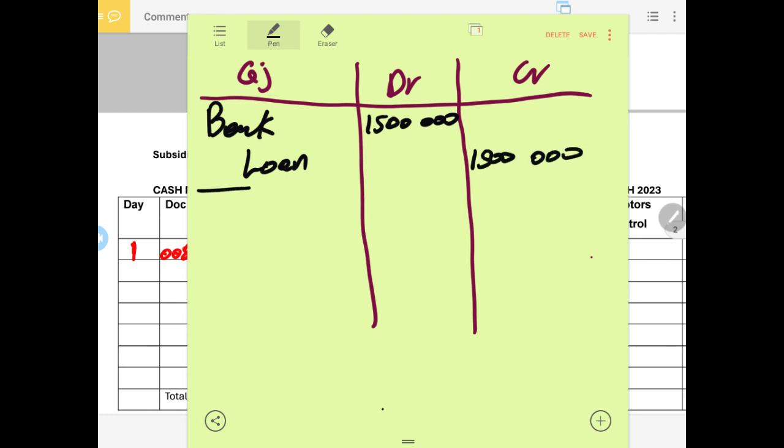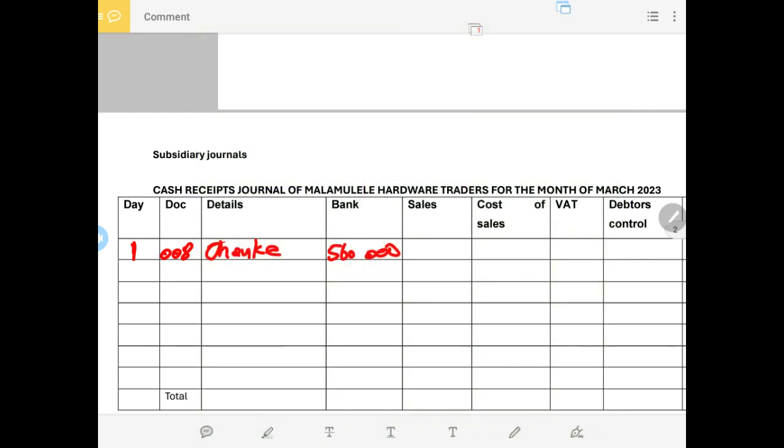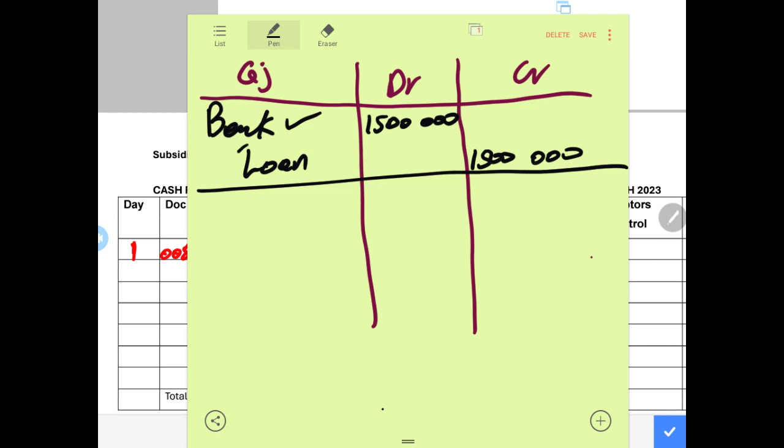So now we need to ask ourselves, do we have a bank column in the cash receipt journal? Yes, we do have a bank column. So the 1.5 million will be recorded under that column. Secondly, do we have a loan column in the cash receipt journal?